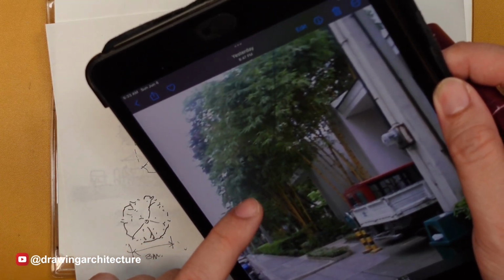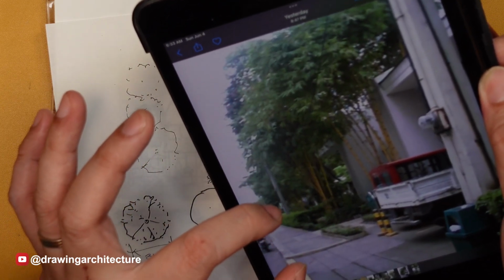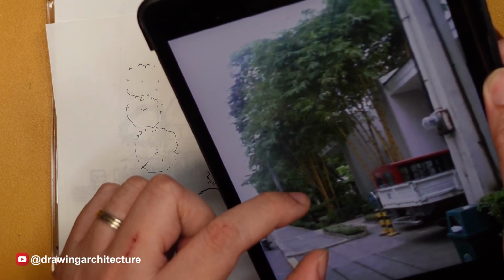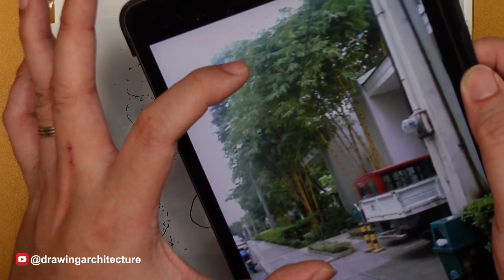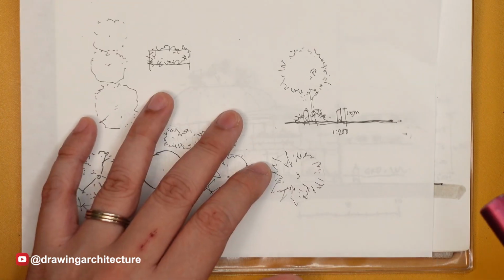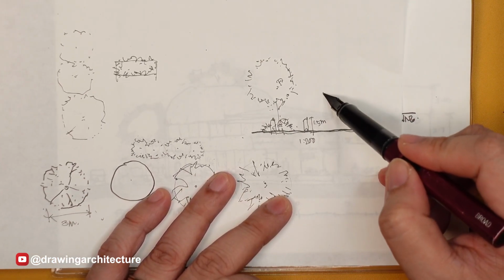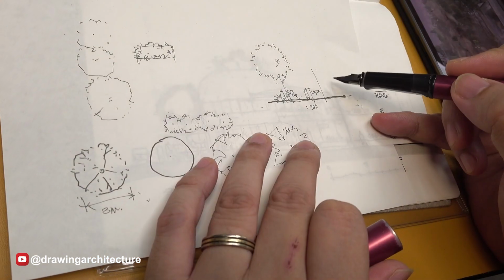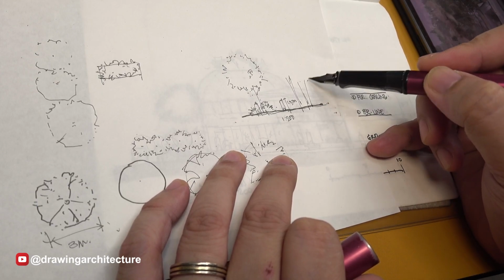So for example, this is good for bambusa, and you can see the scale of the tree. The eye level of this is here, so a person is this tall, and this plant is this tall. So if you could illustrate this, there's a bunch of trunks for these bamboo.